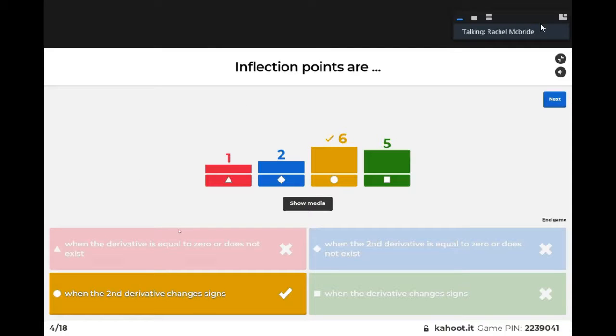Inflection points are when the second derivative changes sign. I could see where maybe some of us picked A. However, an inflection point must have a sign change. A critical point is where the derivative is equal to 0 or does not exist. However, you have to have a sign change. It's not the first derivative, it's the second derivative. That's why it's not the green.